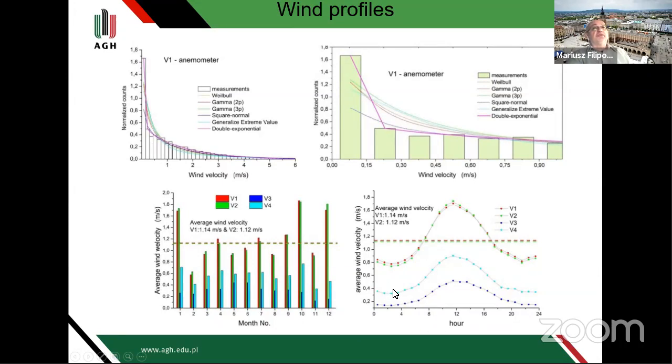What is also interesting for such devices located in the city center is the daily profile of wind speed. For example, we can see that the fastest wind speed is reported near midday, and during nights the wind speed decreases.